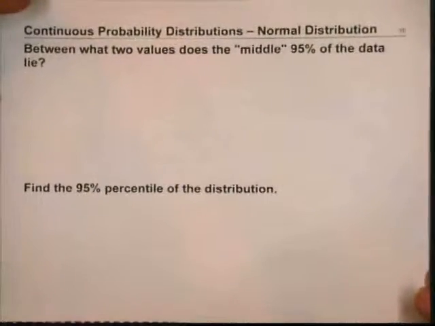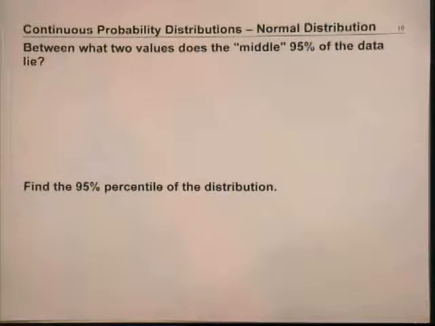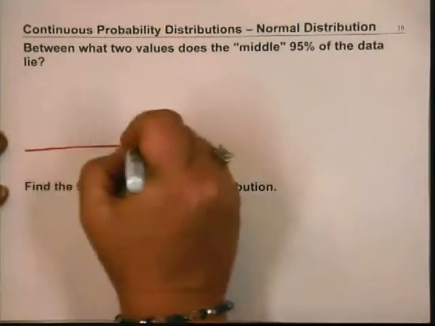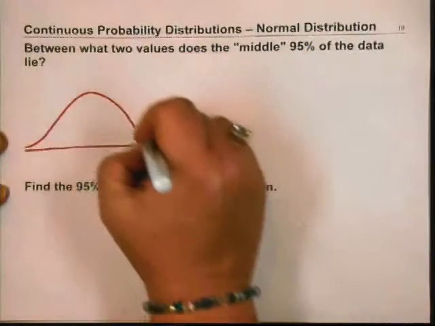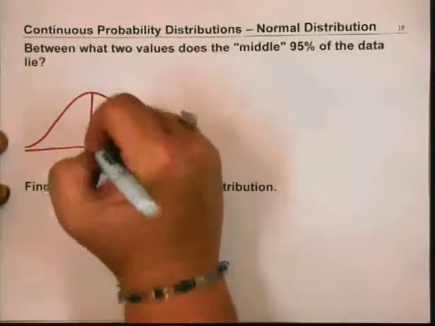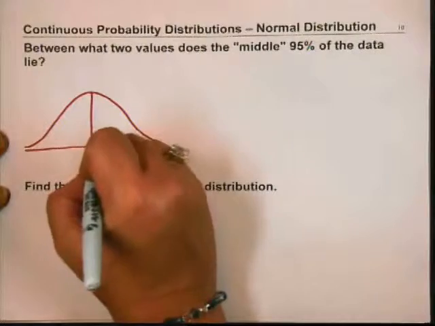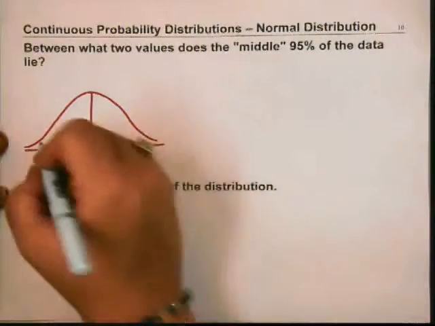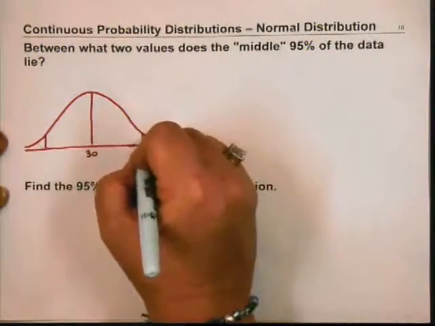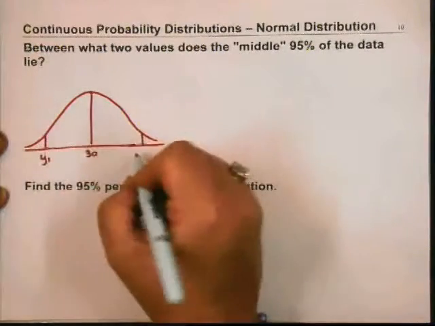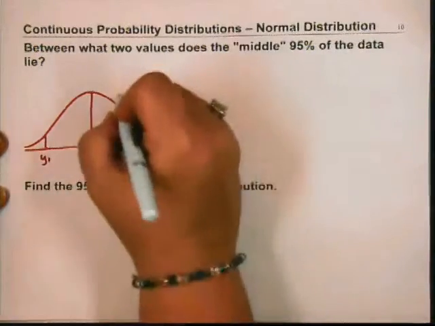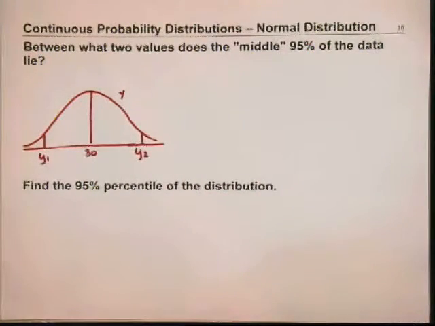Between what two values does the middle 95% of the data lie? All right, so what we're trying to find then, the middle 95%, so we're going to go forward and backward the same distance, but we have a y1 on the left and a y2 on the right. We want to find out what values of y1 and y2 we need.